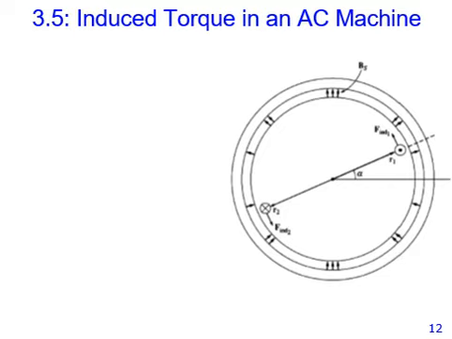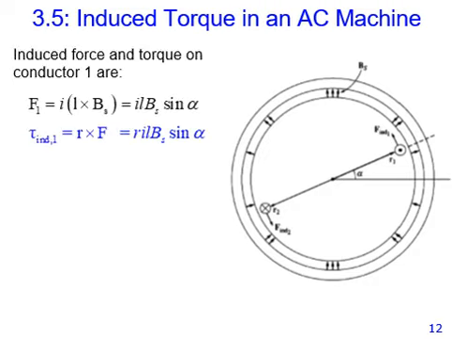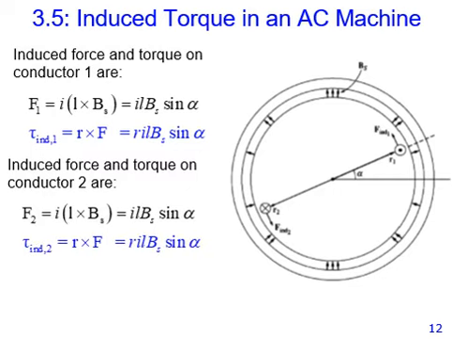The induced force on conductor 1 is F equal to I L Bs sine alpha. If we find the torque, it would be R cross F, and if we further multiply it out, it becomes R I L Bs sine alpha.